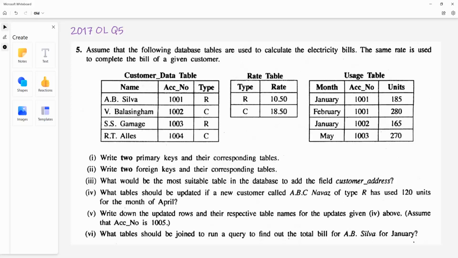When you're writing answers, you have to be very careful. Don't just write down primary keys. You have to write two primary keys and their corresponding table. So you have to put the table name as well.